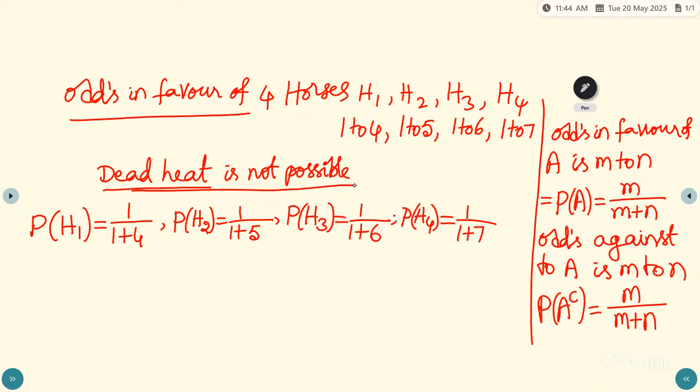One is winning, the remaining are losing.